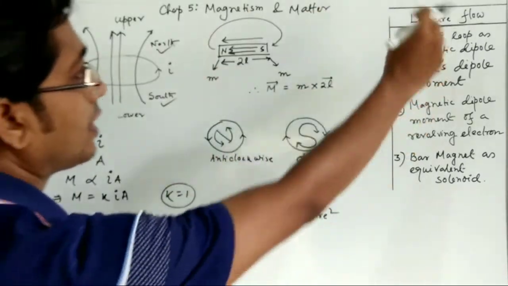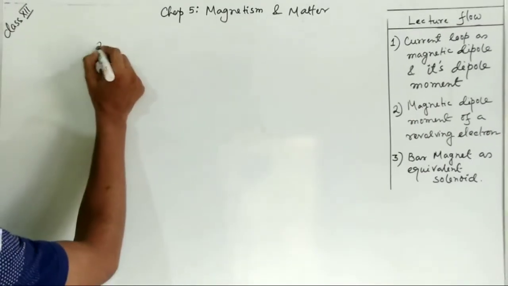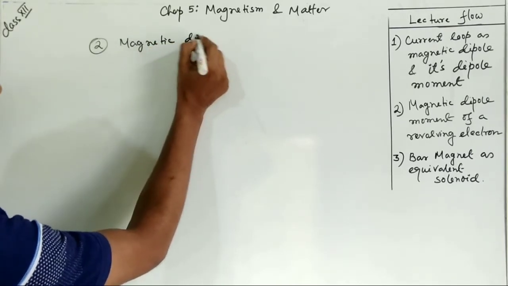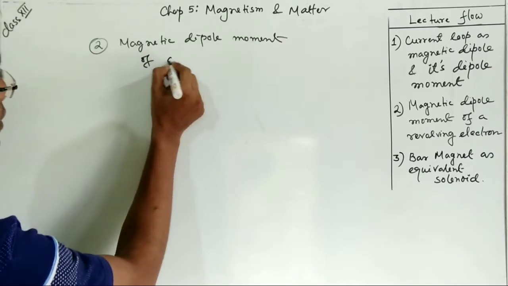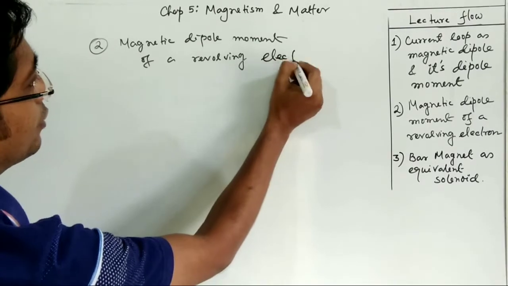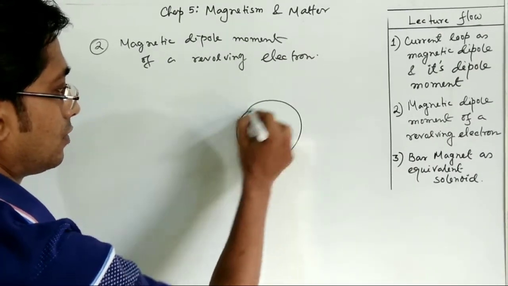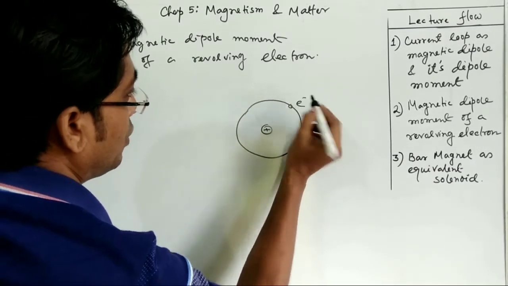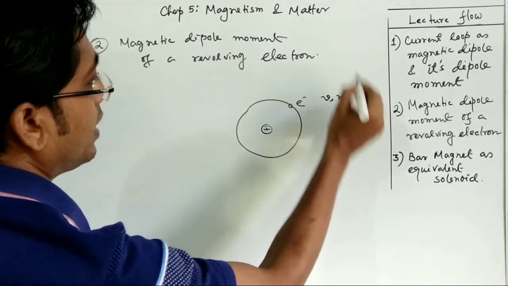Okay, so we have covered the current loop as a magnetic dipole and its dipole moment. This is the formula. Now we will emphasize the second topic, that is magnetic dipole moment of a revolving electron. It is also very important. Now I am drawing, suppose it is a nucleus, positive nucleus, and one electron that is revolving with the velocity, suppose v, and mass of the electron is suppose m.